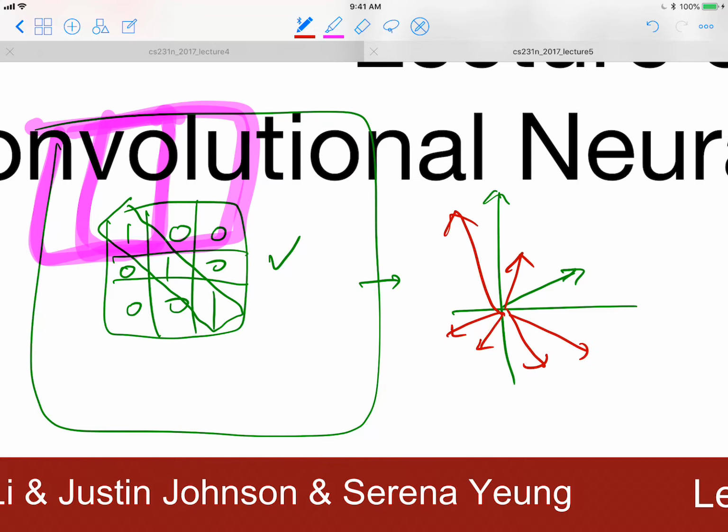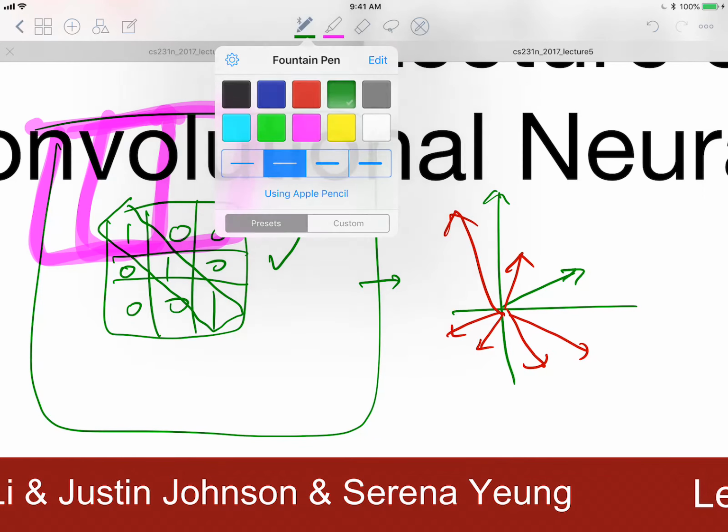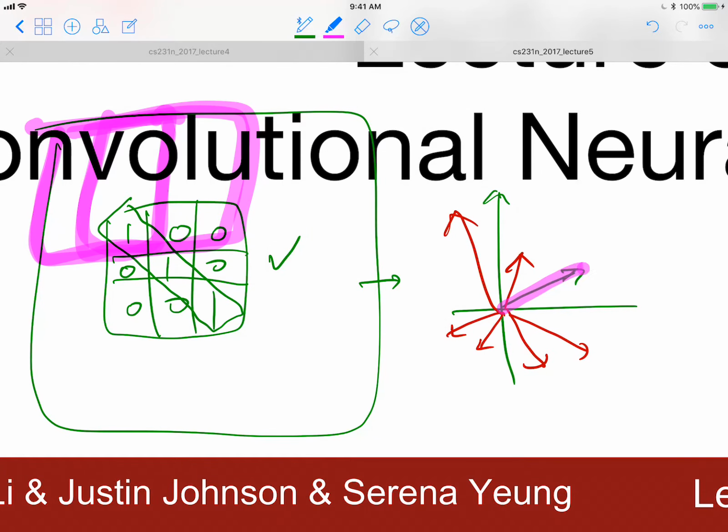Then we compute the inner product with this guy, and consider the length of these two and also the angle, right?